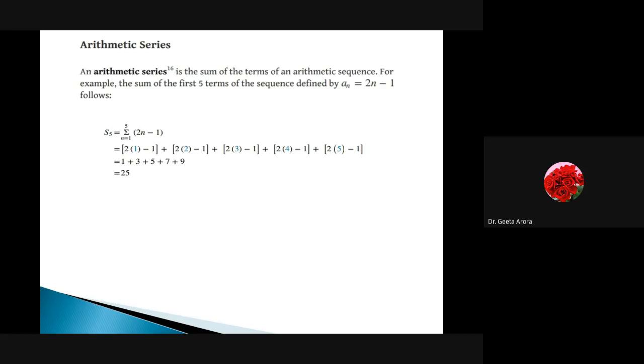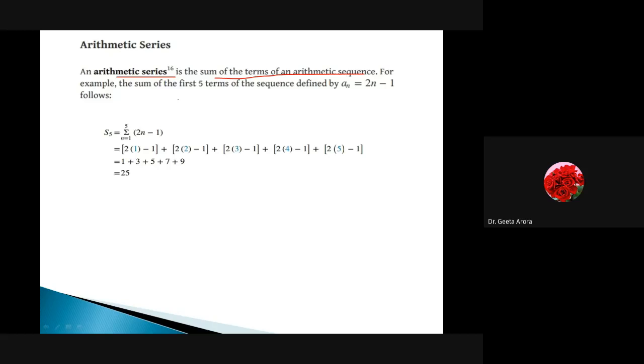Now we are going to work with the arithmetic series. Series means we are going to find the sum, and sequence means just numbers separated by commas. This is what we have learned. And an arithmetic series is the sum of the terms of an arithmetic sequence. Whatever the sequence is, if you take the sum of its terms, it makes the arithmetic series.